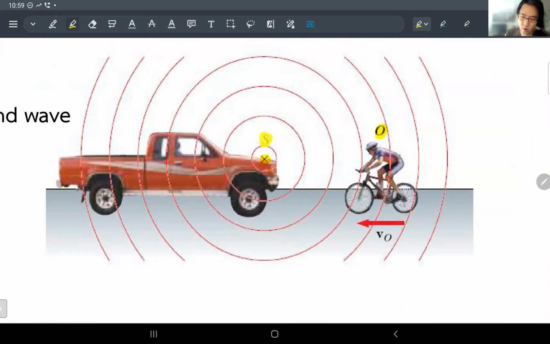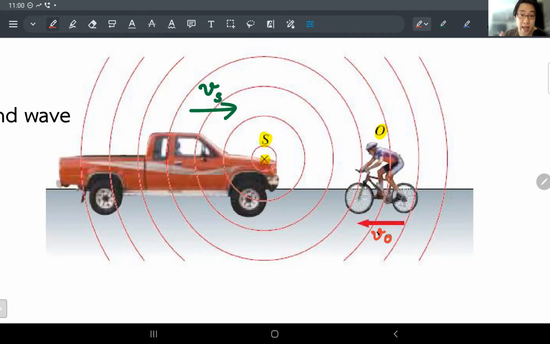But then the source could be moving. This one, even though it's written as stationary, should have the ability to possess some velocity. To signify that this is the velocity of the source, I use the S subscript over here. And then of course, the observer can travel, so you have a velocity for the observer as well. I use a subscript O for that.